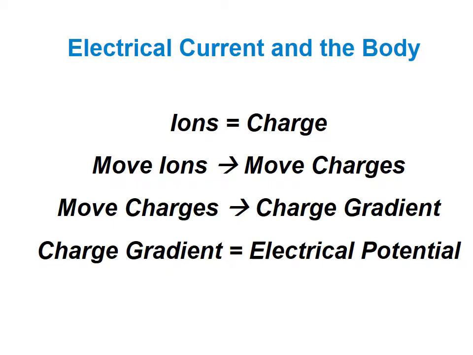If a cell can move the ions, then it will be moving charges. If it moves the charges and creates a charge gradient, it will generate an electrical potential. The key to neurons is that they use ions to make charge gradients.